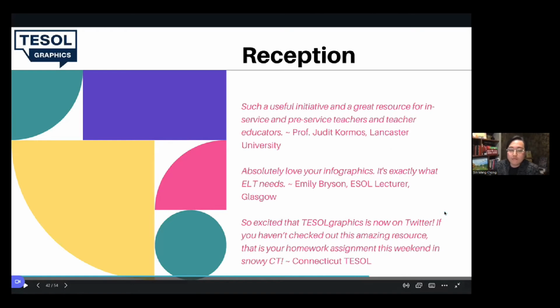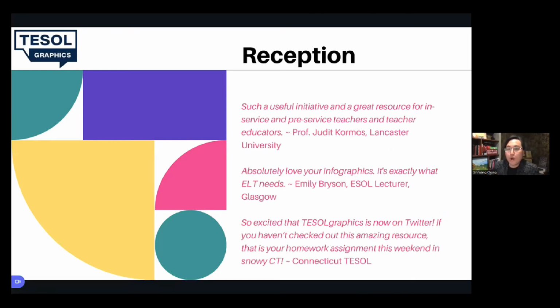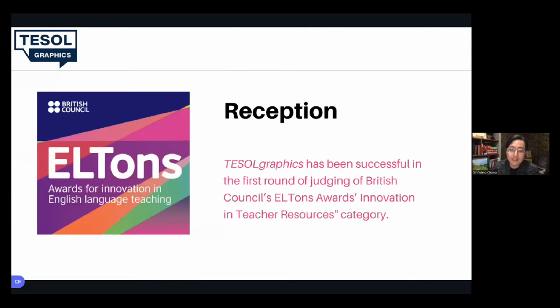And we got some really glowing testimonies from researchers and practitioners. You can see professors commenting on our project, and ESOL teachers commenting on our project, and also professional organizations commenting on our initiative. So we're all very pleased to see this.